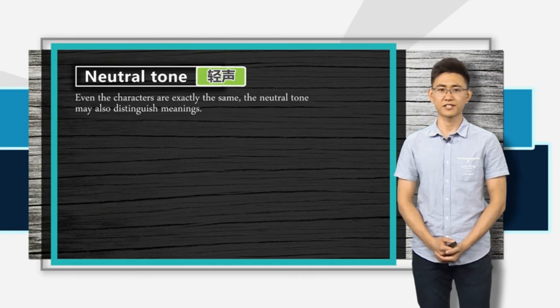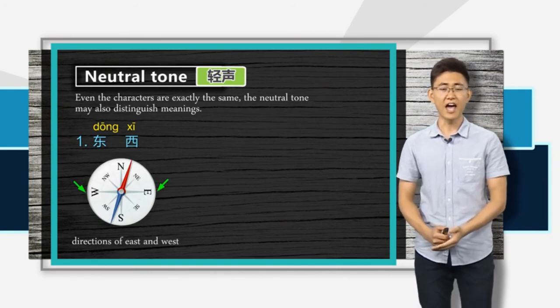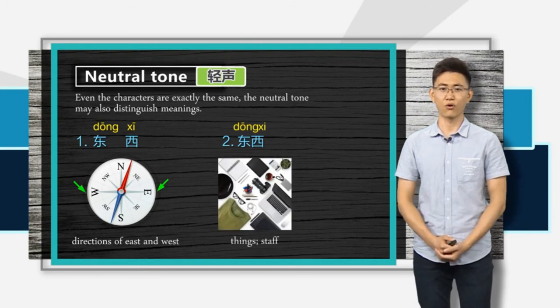Let's look at the word 东西. If we pronounce it as dōngxī, it means two orientations, the east and the west. However, when we pronounce it as dōngxi, it refers to thing or stuff. So, neutral tone plays a very important role in the Chinese language.